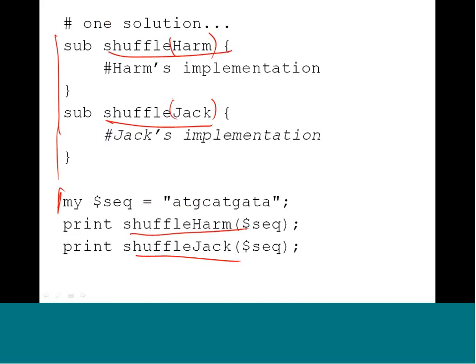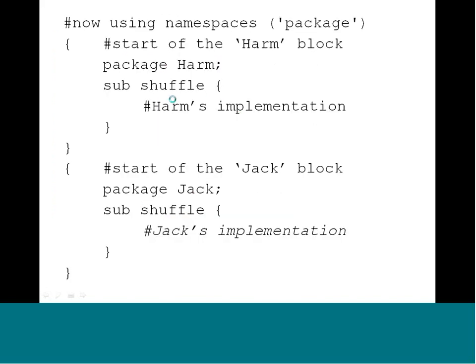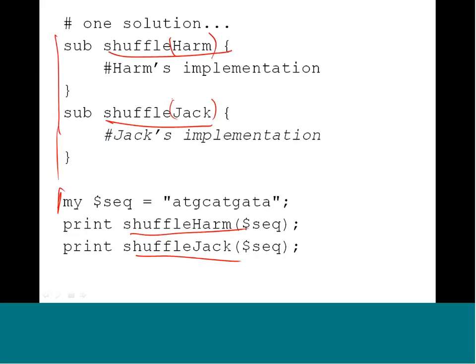This is well and good, but somebody has to tell the others. Harm needs to tell Jack, hey Jack, I'm using the name shuffle Harm, so you should use shuffle Jack, or everyone should have these kinds of names. This is kind of arbitrary, you can see.